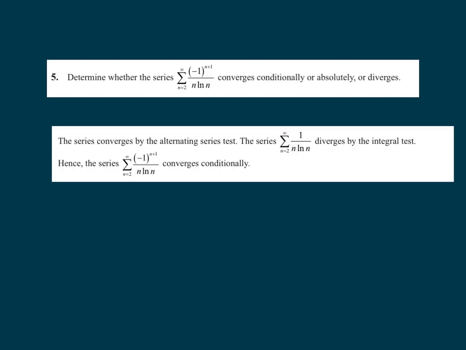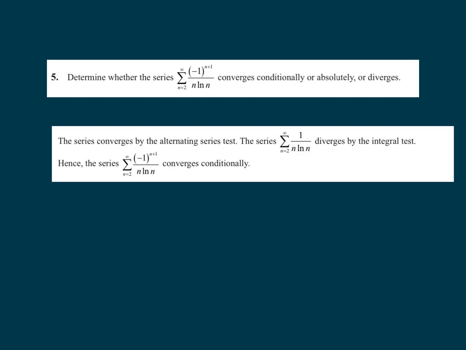Determine whether the series minus 1 to the n plus 1 times 1 divided by n natural log of n converges conditionally or absolutely, or maybe diverges. So let's write a few terms of the absolute value of this series.